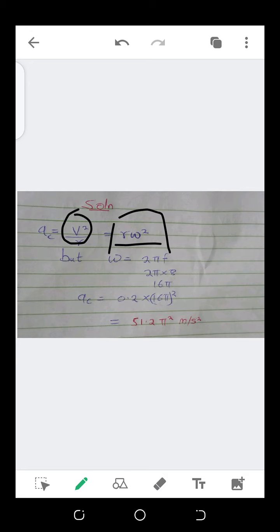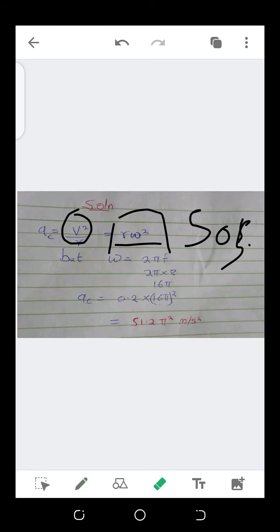Now, our a_c will be 0.2 multiplied by 16 pi, then you square the 16 pi, and you'll get 51.2 pi squared. Somebody can also represent it as 51.2 multiplied by pi squared. I'm also getting 505.32.